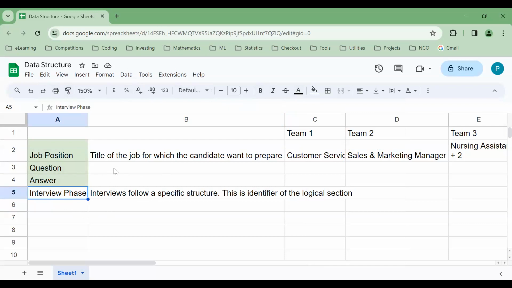We might have, let's say, 100 questions for customer service representative. Now, during the interview, we cannot ask each and every one of the 100 questions to the candidate. Some questions will be picked from that and asked. So depending on the interview phases that are available for this job position, the bot will pick a specific number of questions from each phase, and then it would structure it.